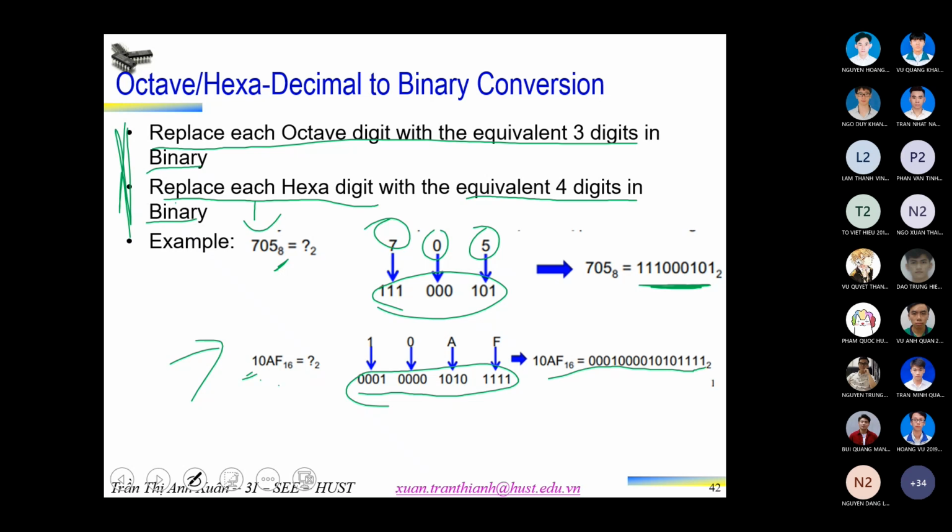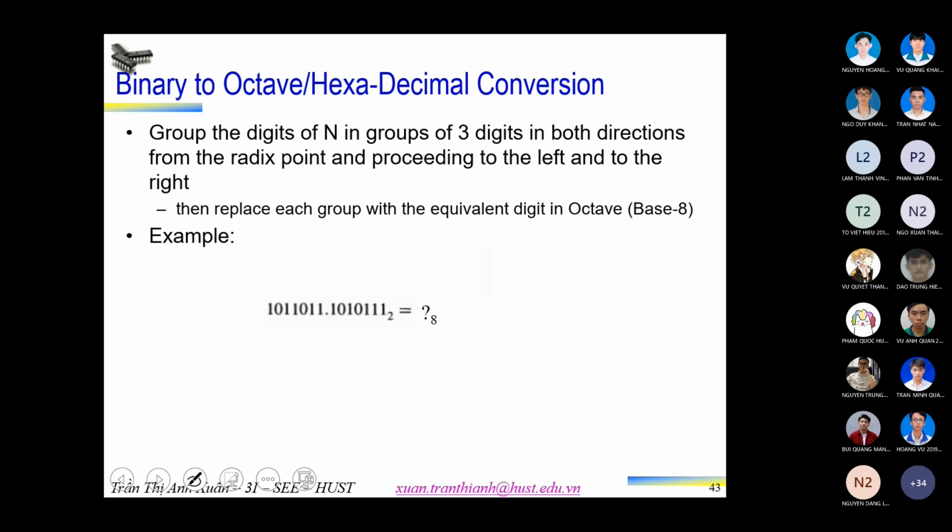So that's all for the octal and hexadecimal to binary conversion. And now we can see the conversion of binary to octal or hexadecimal. For this conversion, we group the digits of each number into groups of 3 or 4 digits, depending on octal or hexa conversion, and we do it in both directions from the radix point, processing to the left and to the right.